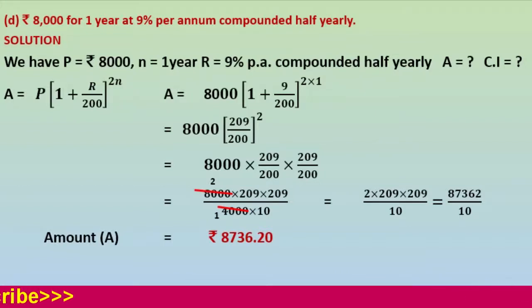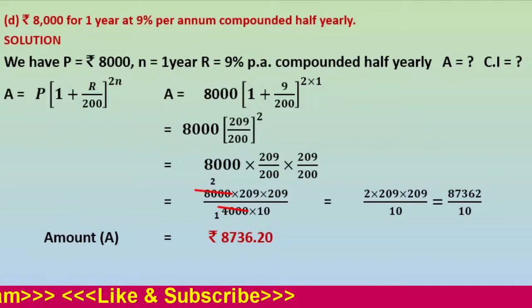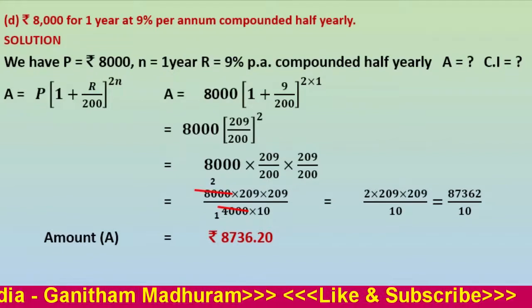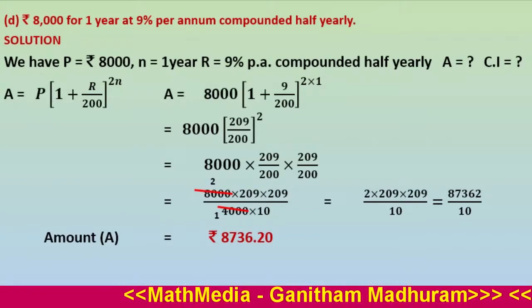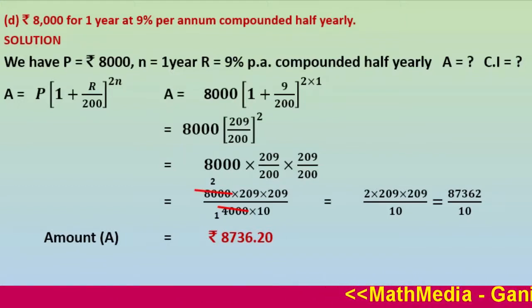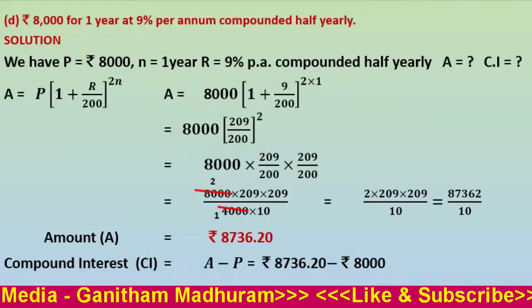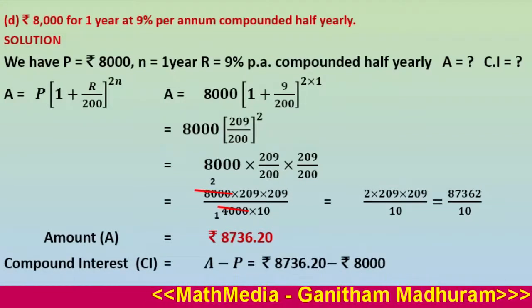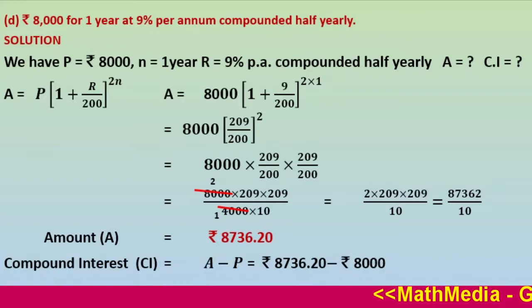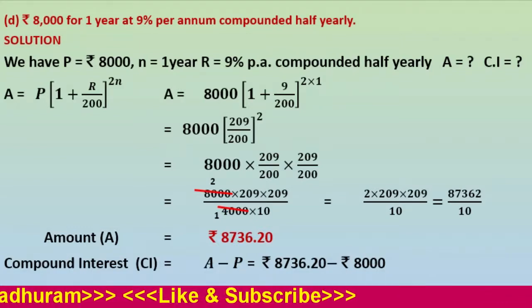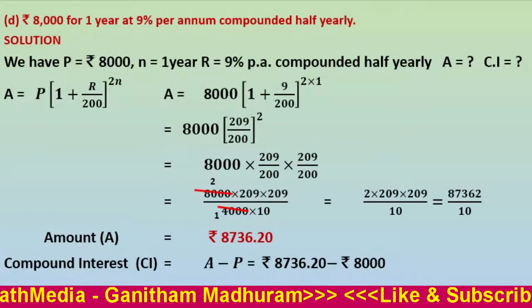Now what we have to find? Yes, compound interest. Do you know the formula of compound interest? Yes, compound interest is amount minus principal. Substitute the value over there. So we get rupees 8,736.20 minus 8,000.